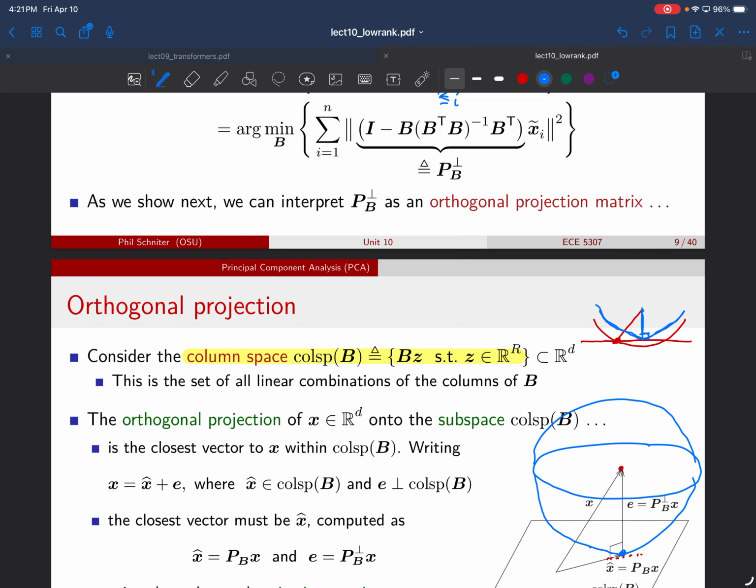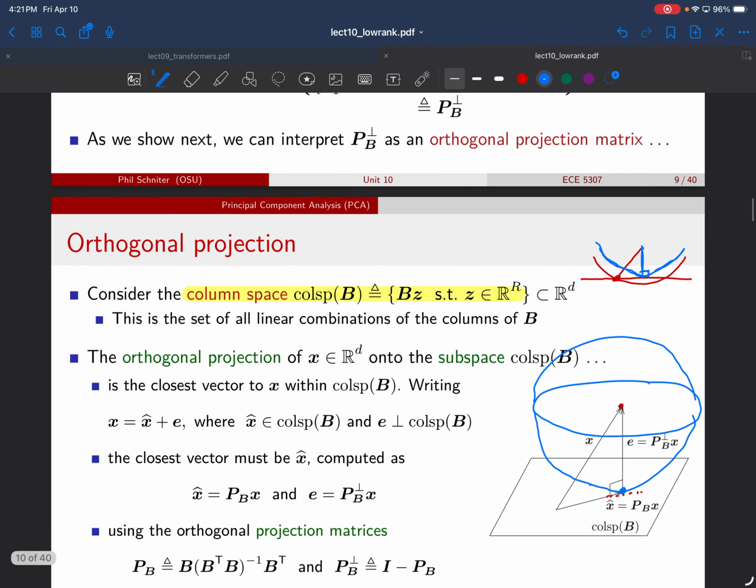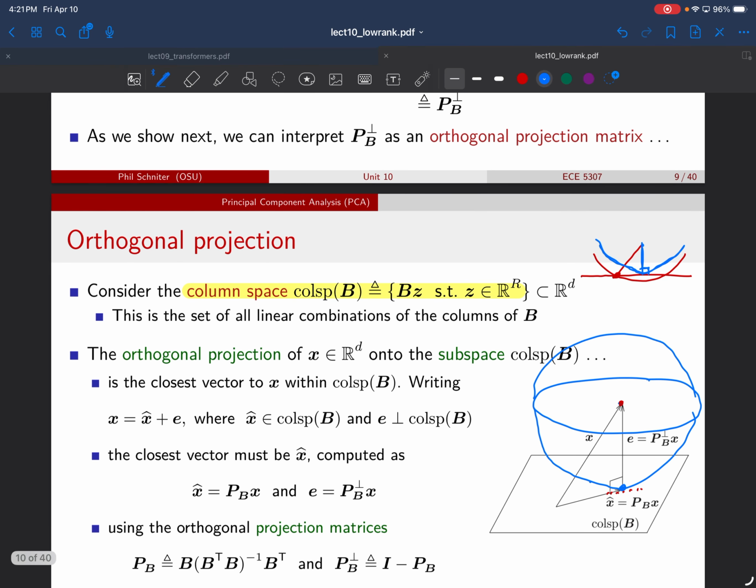I'm not using the tildes on this page. I'm just saying we have some vector x, and we want to come up with the closest point in this subspace, this column space. We know that we can write x as the approximation, which is x hat, plus the error.